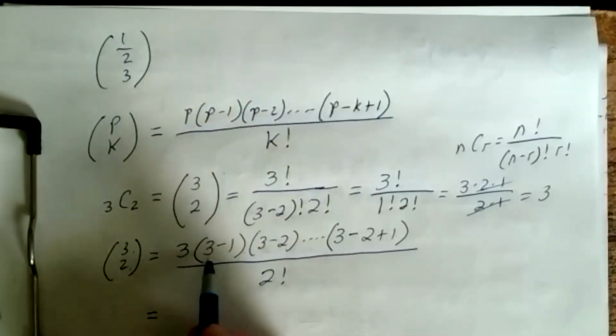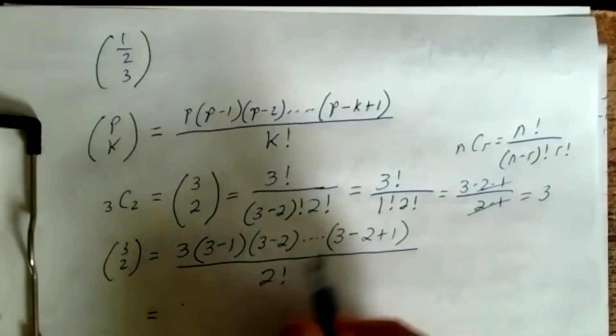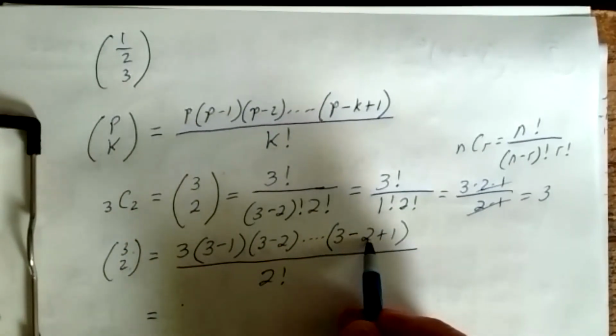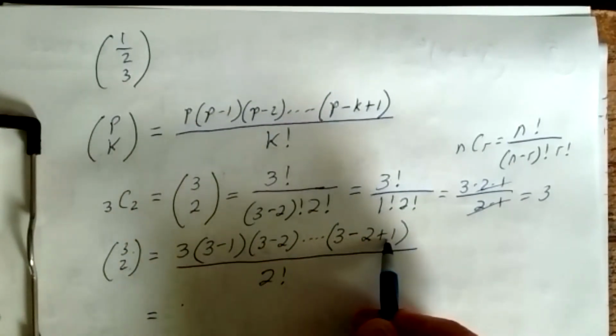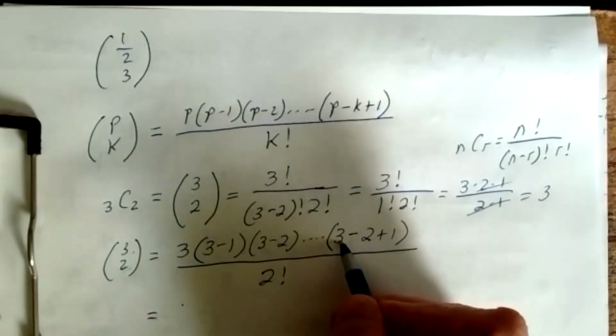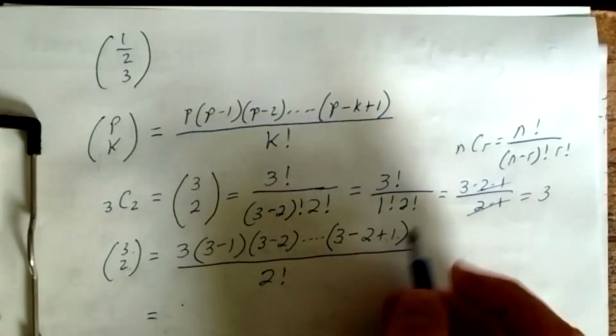So what does this give us? Way over here to the right, this is 3 minus 2, which is 1, and 1 plus 1 is 2. So we only go down to 2 here. This tells us where to stop.